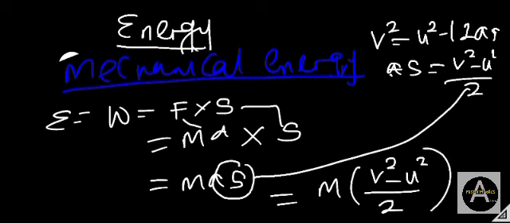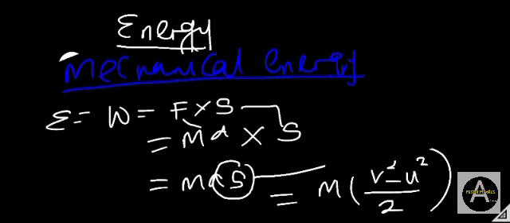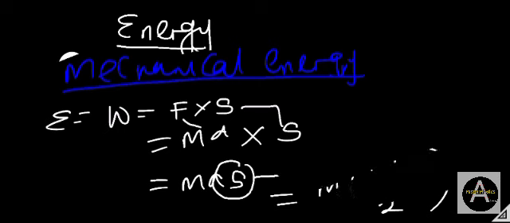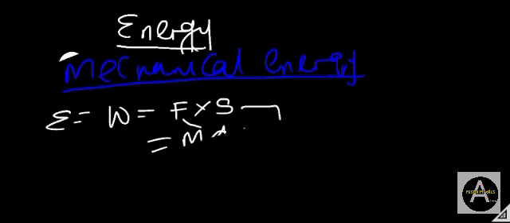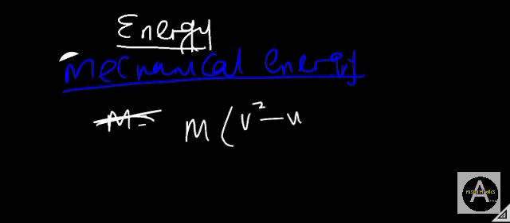This implies, if we continue, that the work is m times v squared minus u squared over 2.